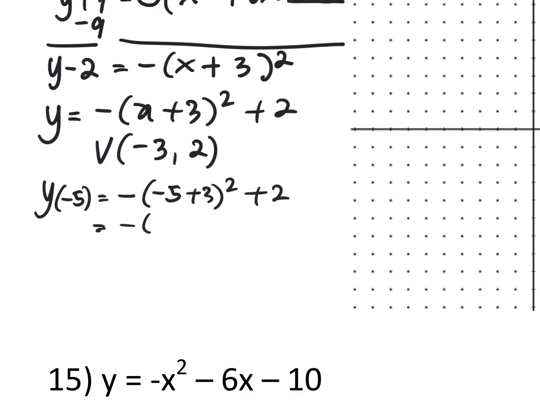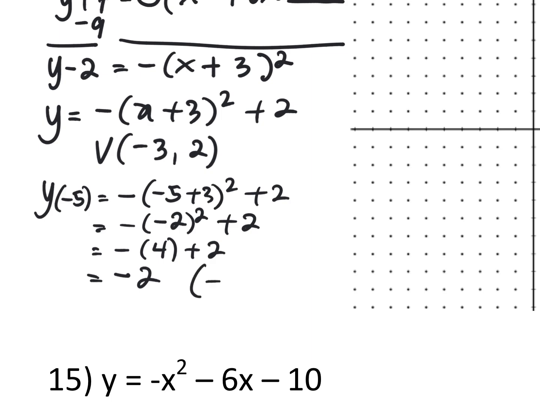Negative 5 plus 3 is going to give you again negative 2, squared, plus 2. Here negative times 2 squared, negative 2 squared is 4, plus 2. And this is going to give you minus 4 plus 2, which is minus 2. So my coordinates here will be negative 5 and negative 2.